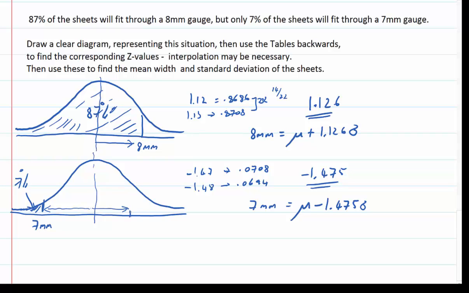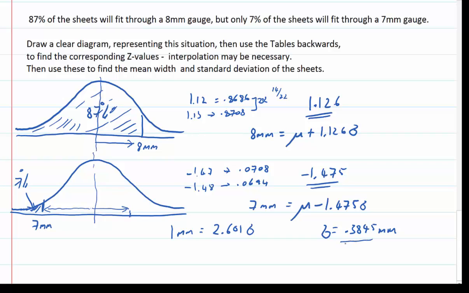In other words, this gap of 1 millimeter is equal to 2.601 standard deviations, which you would have got through simultaneous equations anyway, and that therefore means that the standard deviation is 0.3845 millimeters, and then all we have to do is to find the mean.